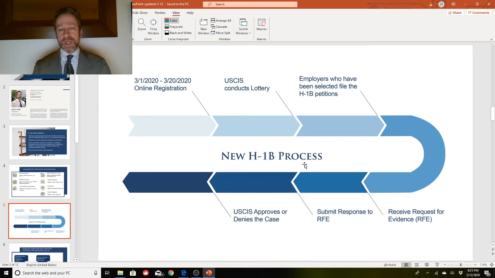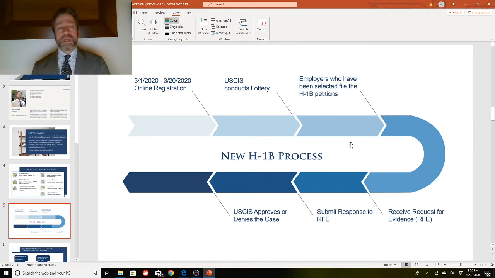However, many people who have OPT work permits that are expiring should apply as soon as possible because their OPT may be expiring and they want to be eligible for the cap gap. If you have questions about the cap gap, you can let me know. But in most cases, employers will want to file their H-1B petitions as soon as possible after April 1st.